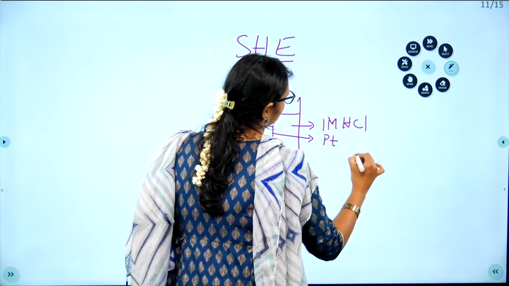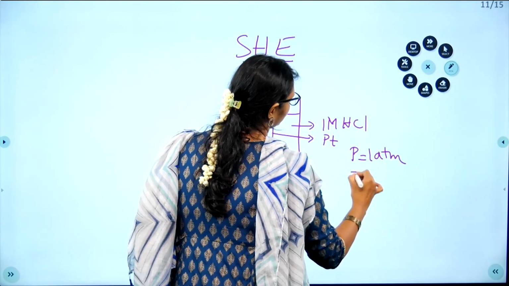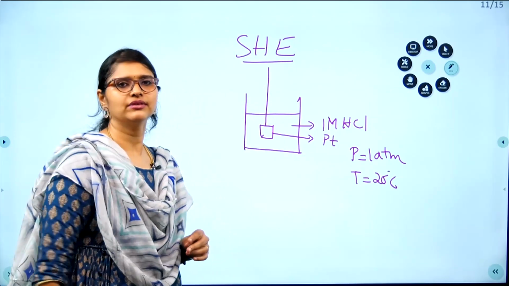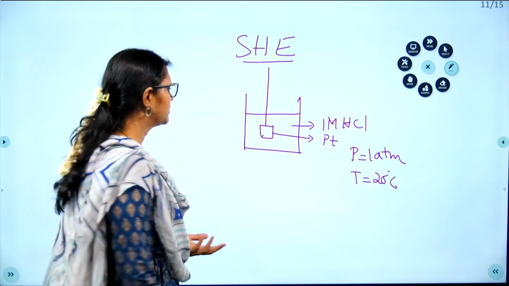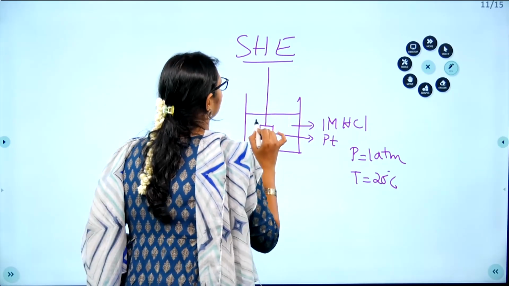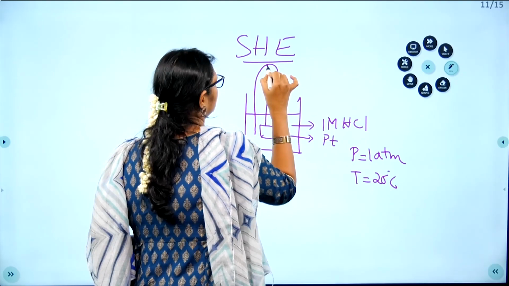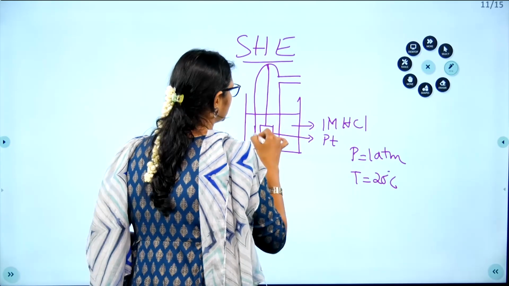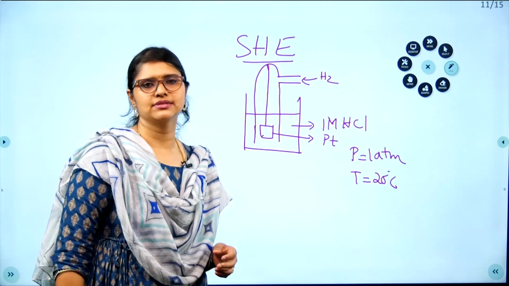What is STP? Pressure is 1 atmosphere, but temperature actually it is 273 Kelvin only, but sometimes we use 25 degrees Celsius for the calculation. And then see, now a glass tube, which is fixed like this, and we have to pass hydrogen gas.